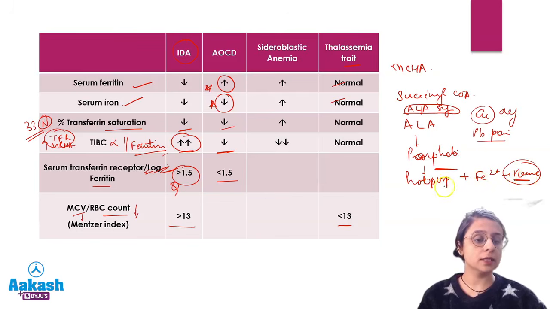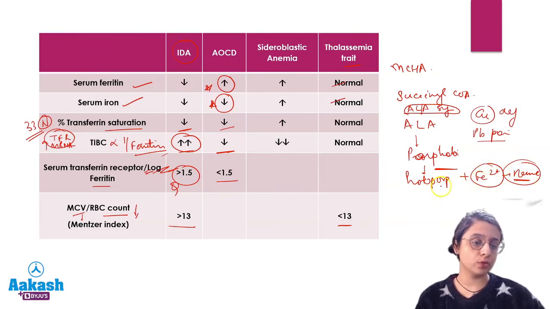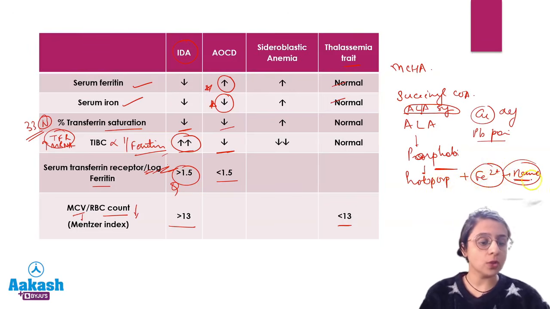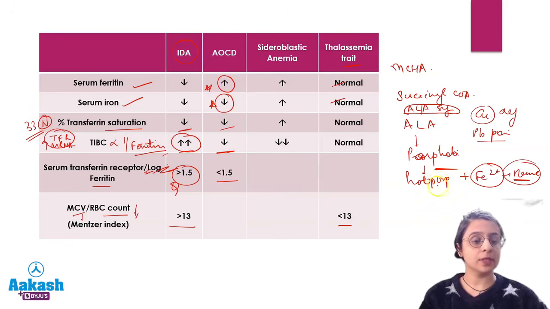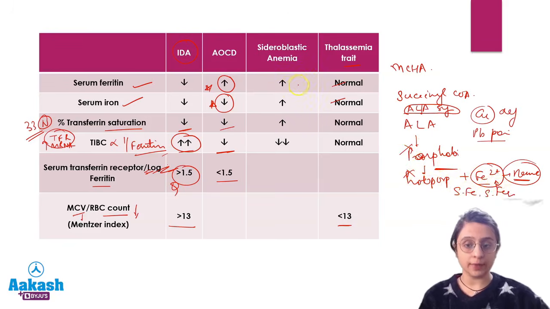So the iron will be in excess, because it is not able to combine with protoporphyrin to form the normal heme. So serum iron will be high, even the serum ferritin level will be high, right? Transferrin saturation will be high as well, and thus the TIBC will be low.